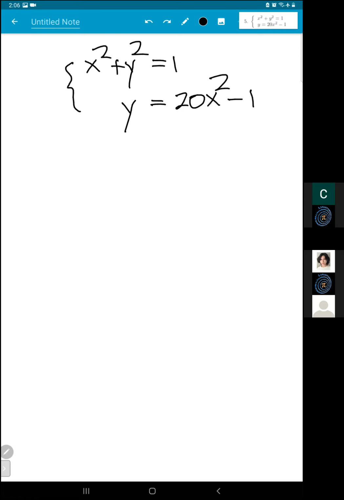And to do so, we will multiply. I will rearrange first. I will multiply the first equation by negative 20. Then rearrange the second line so that the terms containing x squared align.